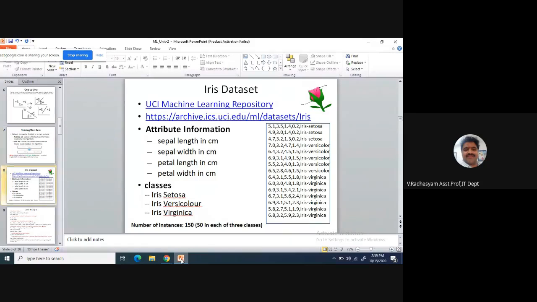This example I have given you for the laboratory. You have the iris data set: 150 instances, 50 in each of the 3 classes.